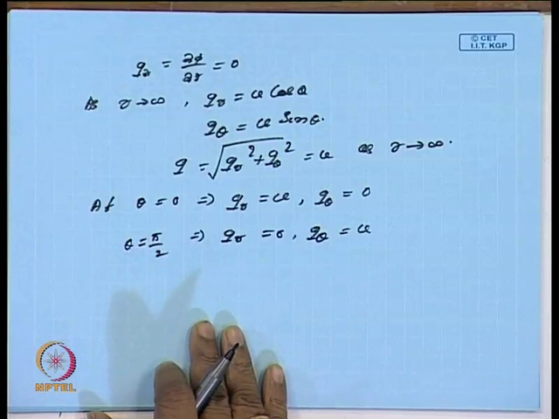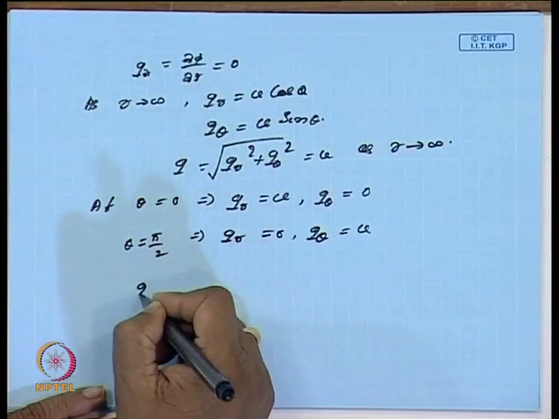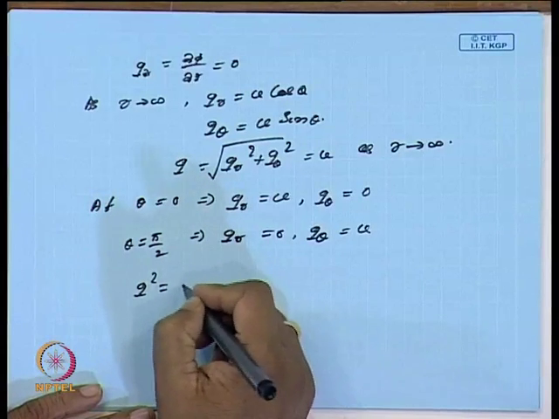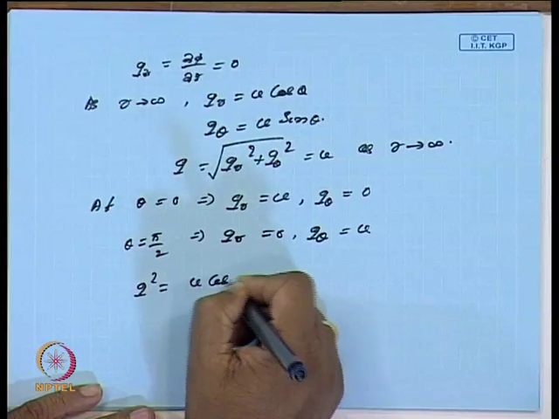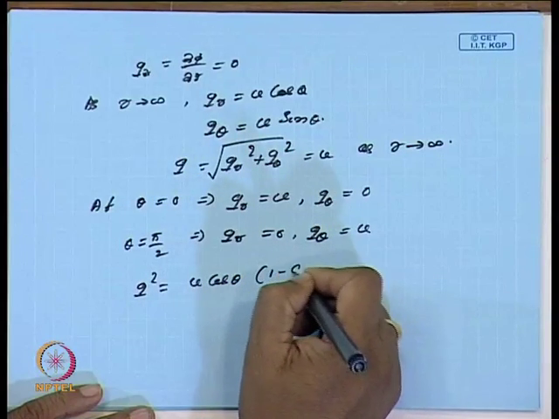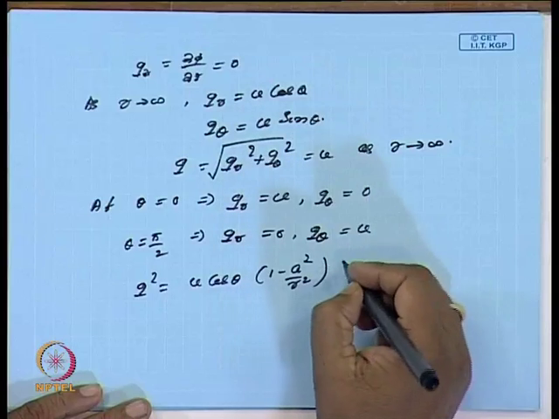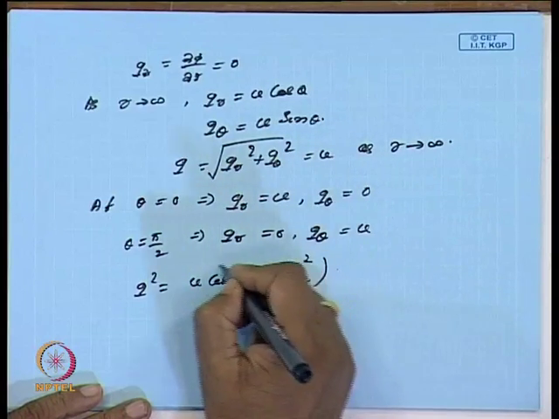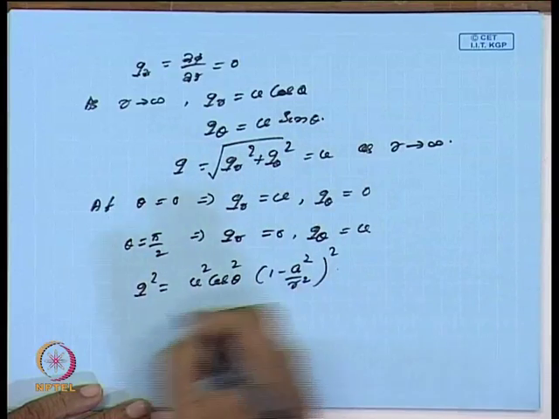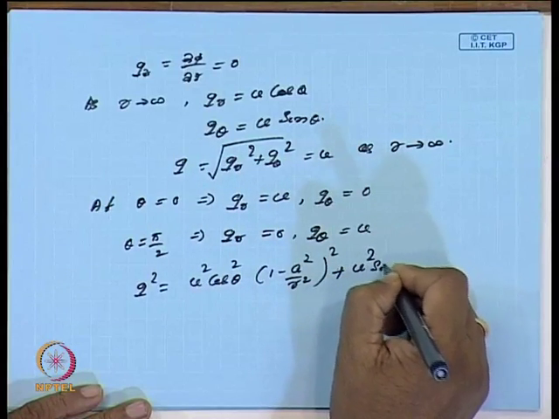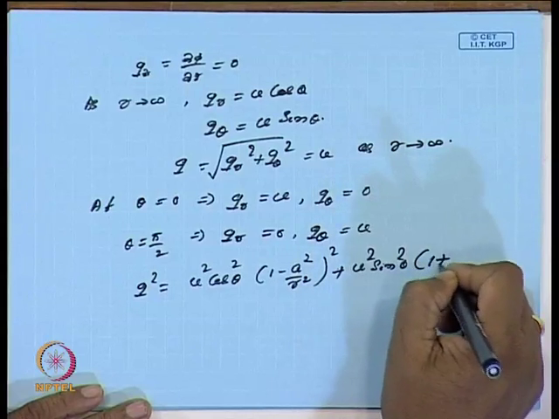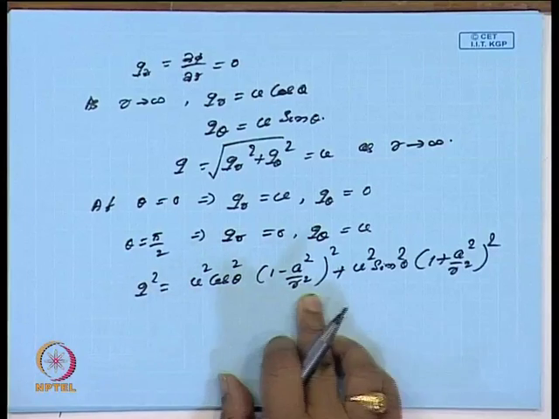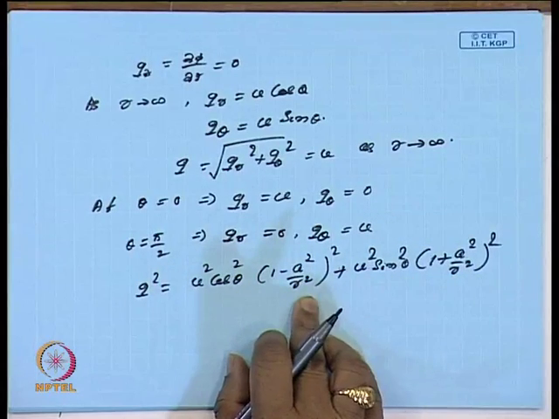Now, what will happen to q square? Because I have been given the general definition of q, that is u cos theta (1 minus a square by r square), that is your q r square, plus you have u square sin square theta (1 plus a square by r square), this is q theta square.